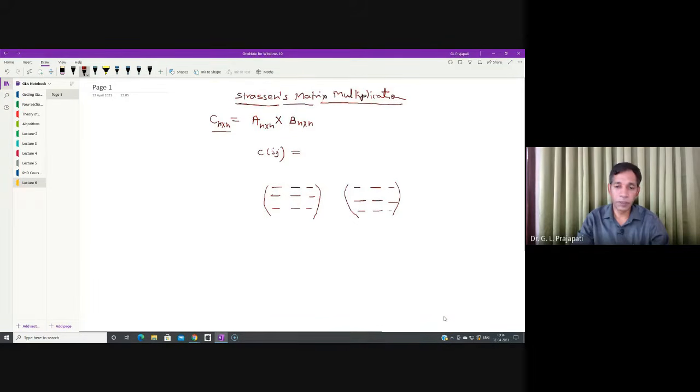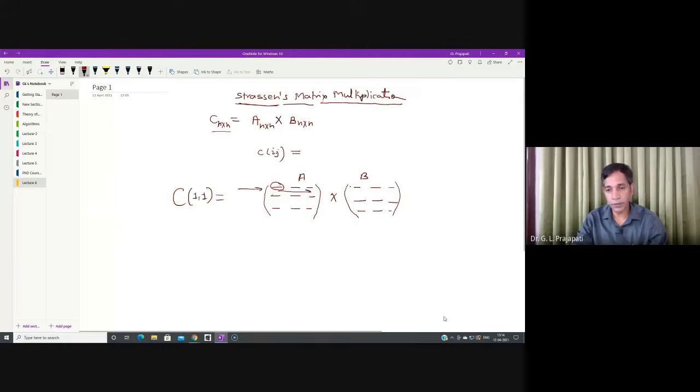So if you want to multiply the two matrices with the help of the brute force method, and you want to obtain the entry of C at the first row and first column, C11, how can you obtain it?